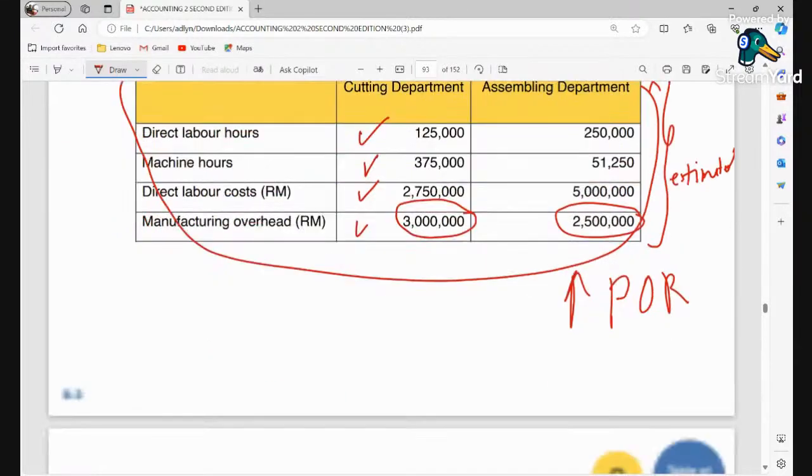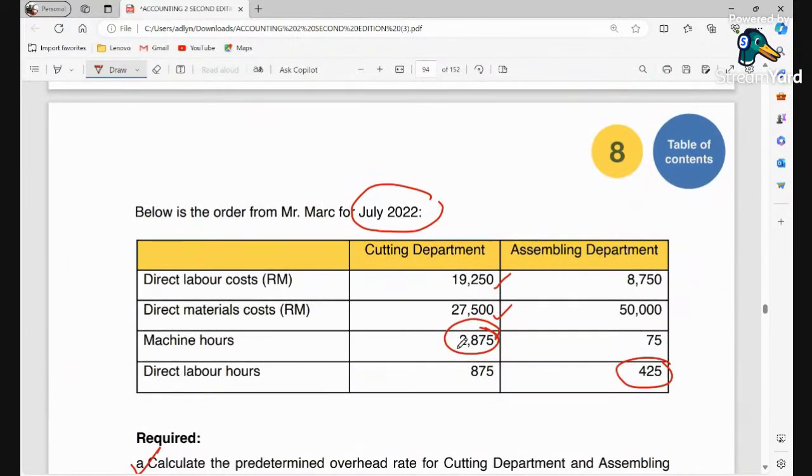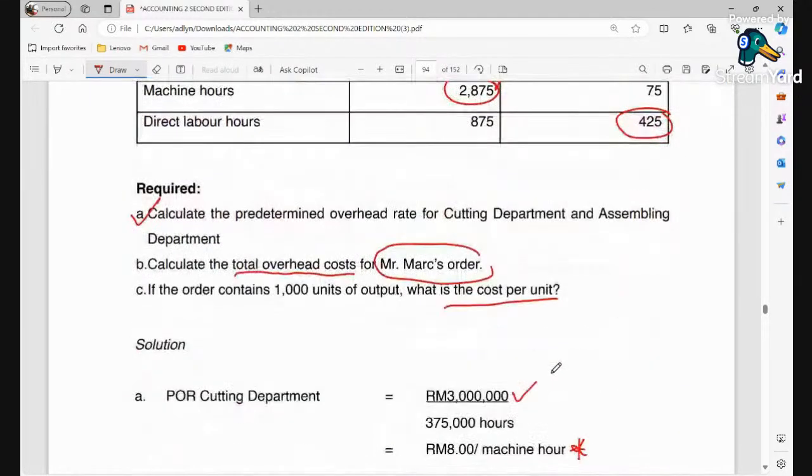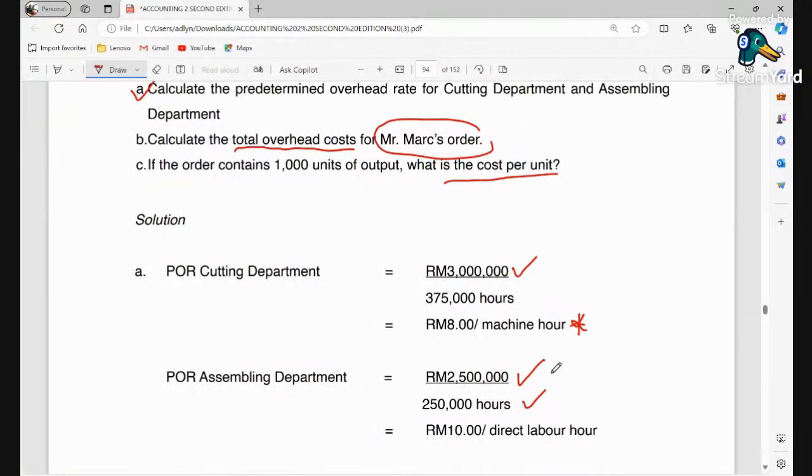Yang di dalam table yang kemudian tu, which is given for the order for Mr. Mark, yang Madam bulatkan tu 2,875 and 425 is actually the actual machine hours and also the direct labor hours for each department, tapi bukan untuk seluruh kilang seluruh production, tapi hanya untuk order yang dibuat oleh Mr. Mark saja. And Mr. Mark ni buat order pada bulan Julai. Sebab tu saya kira guna data table 1.